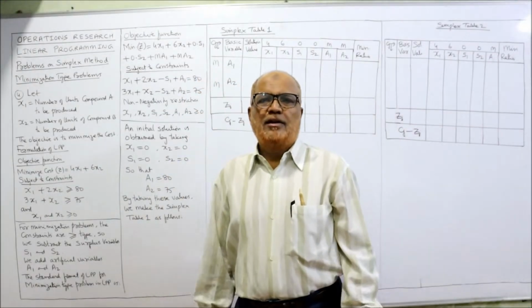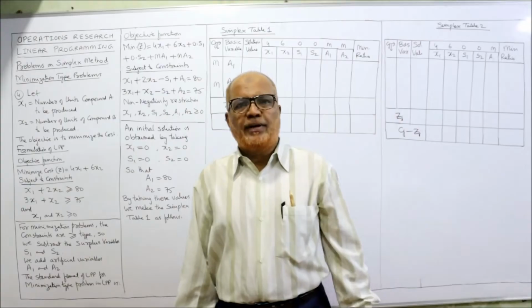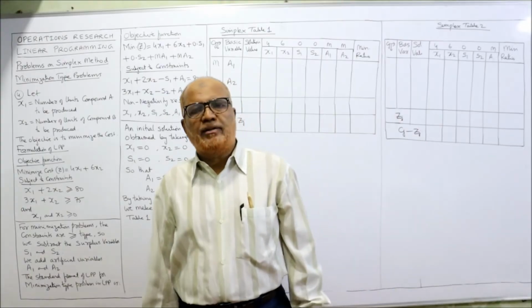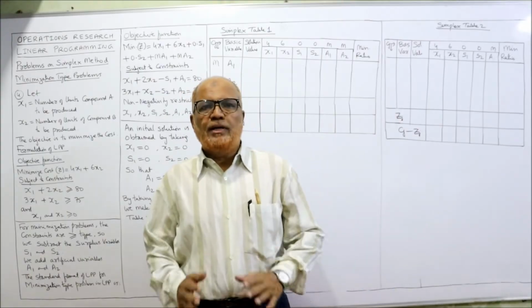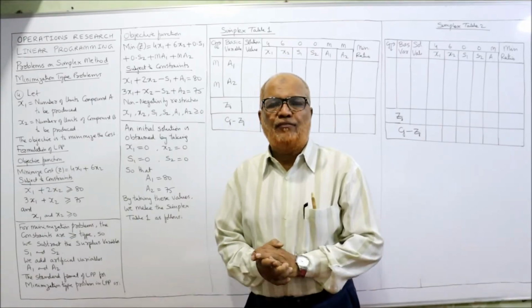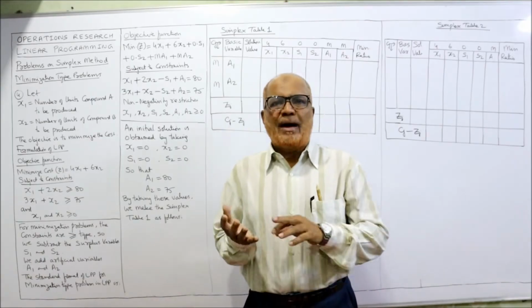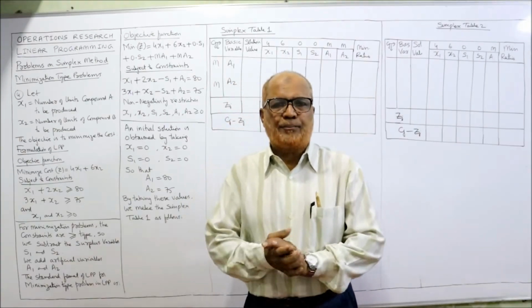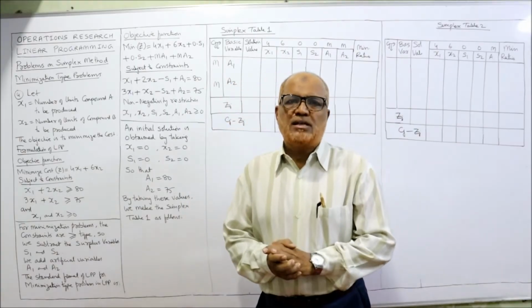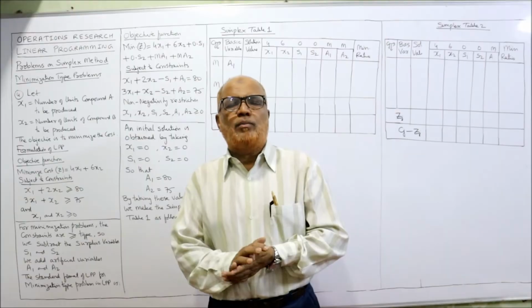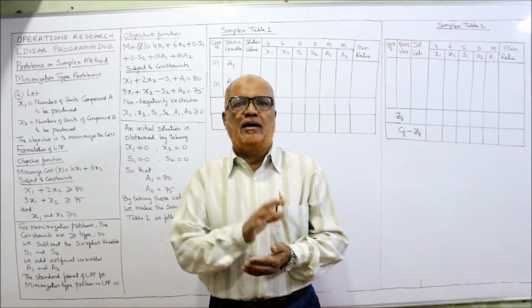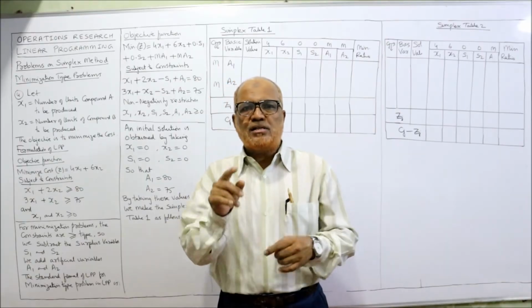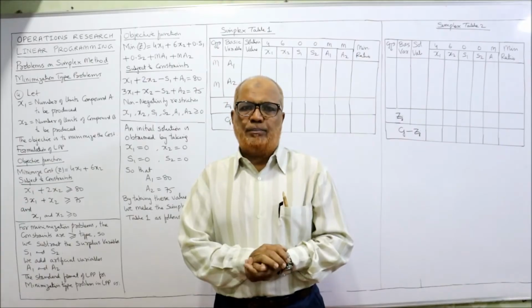I'm Hasham Ali Khan. Last three problems I have completed on maximization type problems. So in simplex model we have four types of problems: maximization, minimization, mixed constraints and duality. The first is the maximization problem. In maximization problems, slack variables will be added and the constraints are of less than or equal to type.